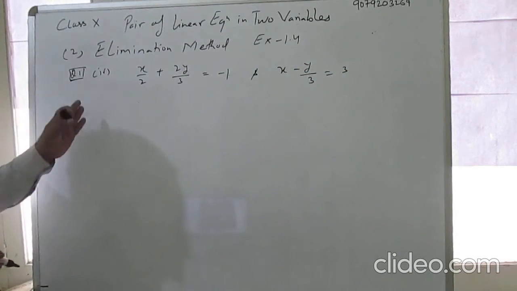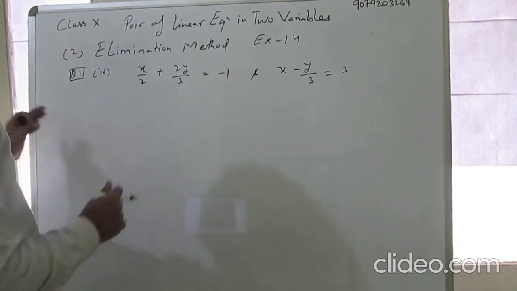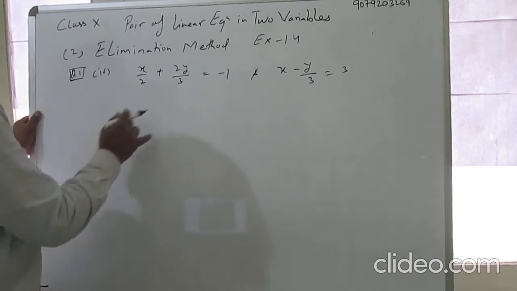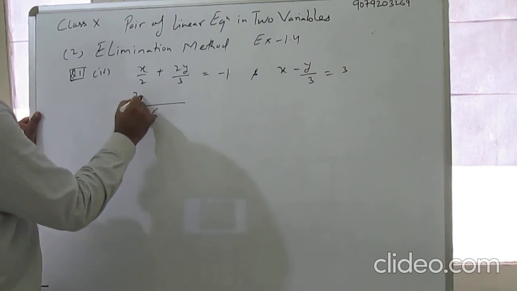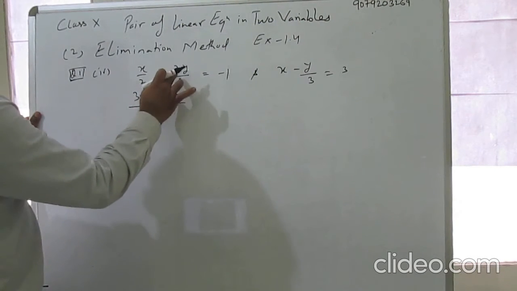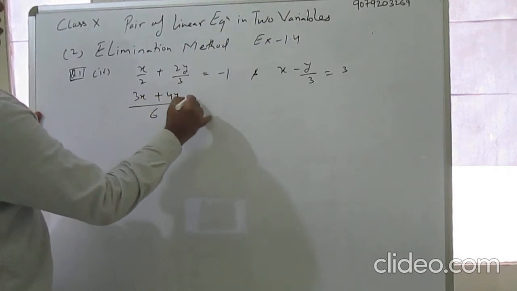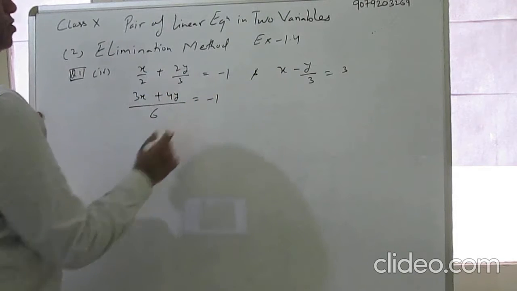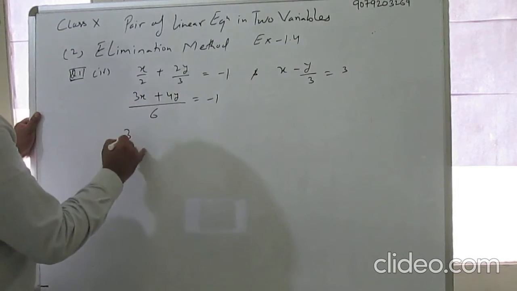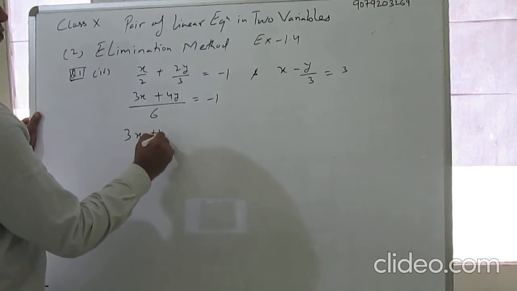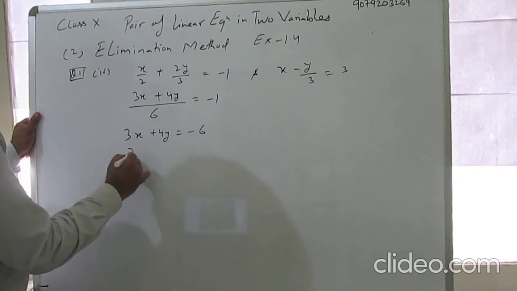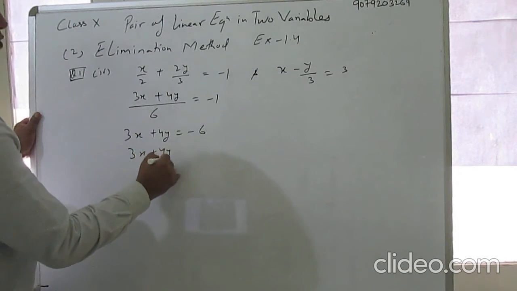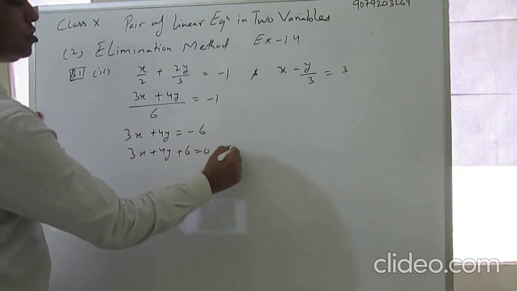Let us solve this, convert it into linear form. Take LCM 6. 2 divided by 3... 3x, 3 twos are 6, 2 twos are 4, 4y is equal to minus 1. Cross multiply: 3x plus 4y is equal to minus 6. Take 6 to this side: 3x plus 4y plus 6 is equal to 0. This is equation first.